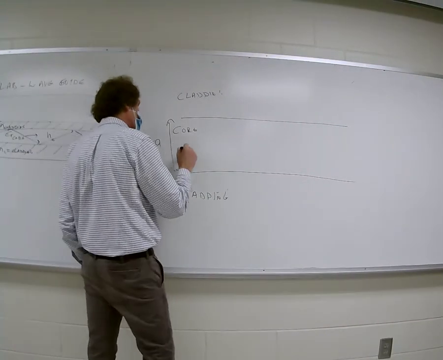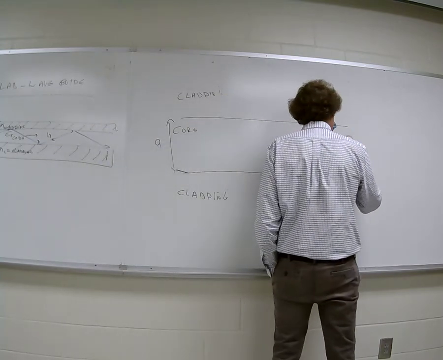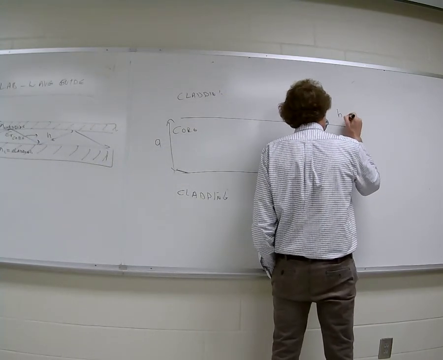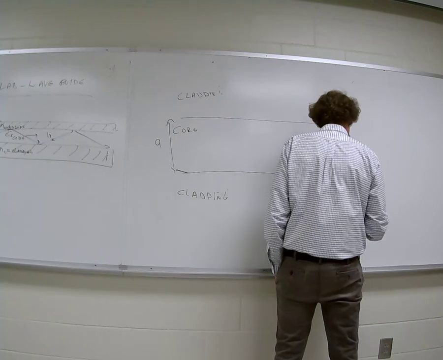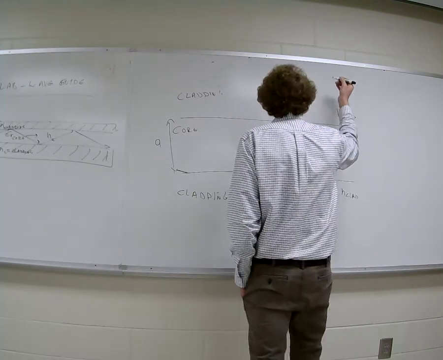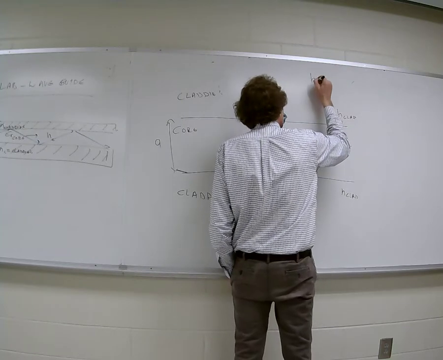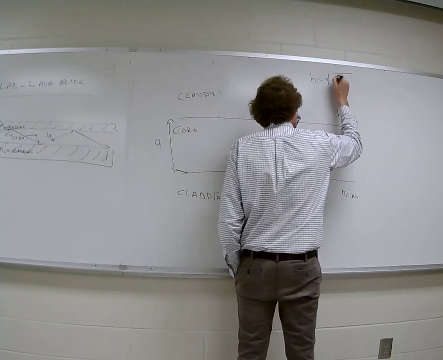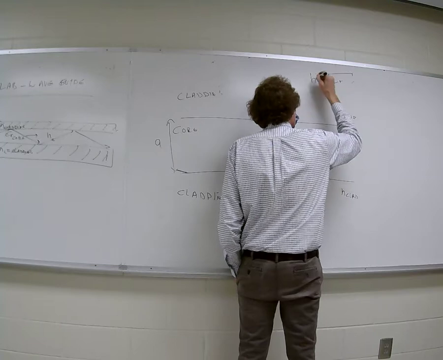This has an index of refraction, core, cladding, right here. And I might say that the index of refraction is the square root of epsilon relative in the given material.